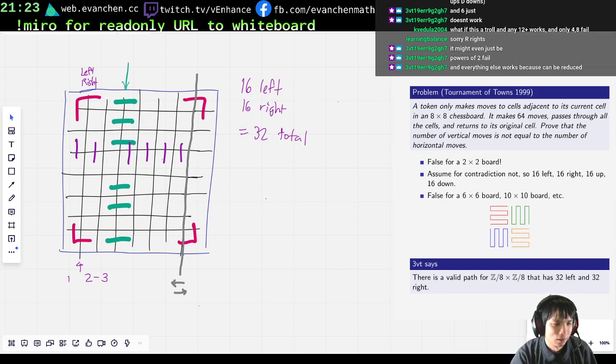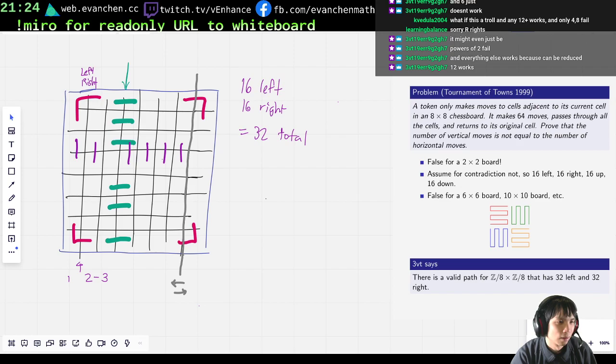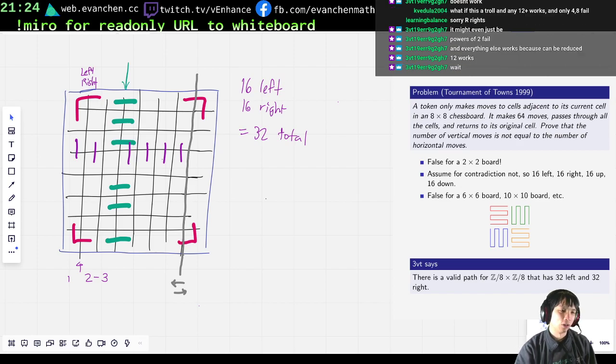Wait, actually, hang on. No, I feel like... Wait, can you construct an example for 12?